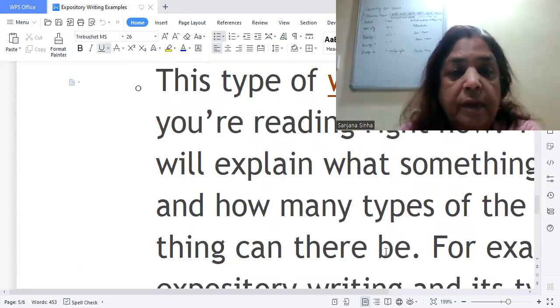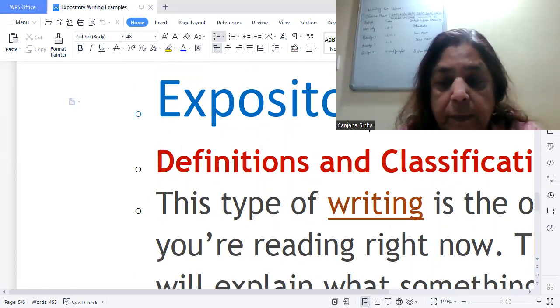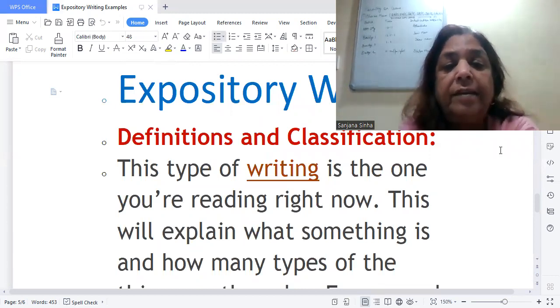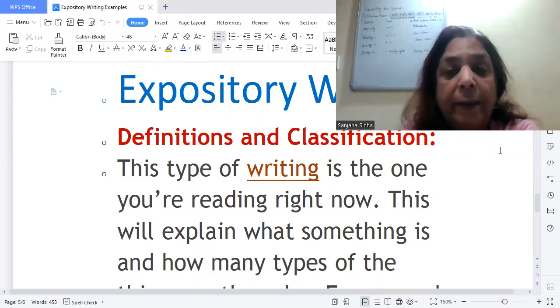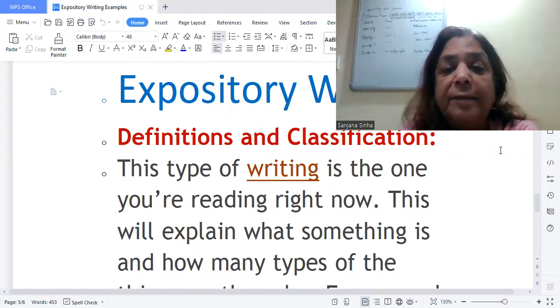So here you see definitions and classifications. This type of writing is the one you're reading right now. Like what am I doing? I am explaining, defining what actually is expository writing.